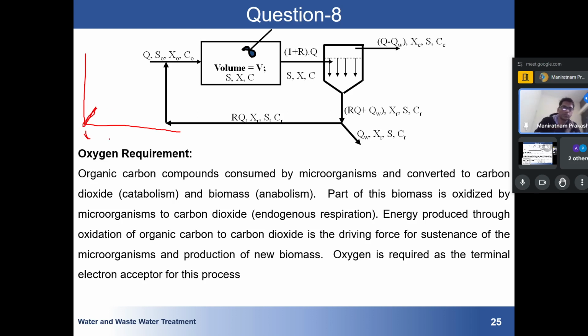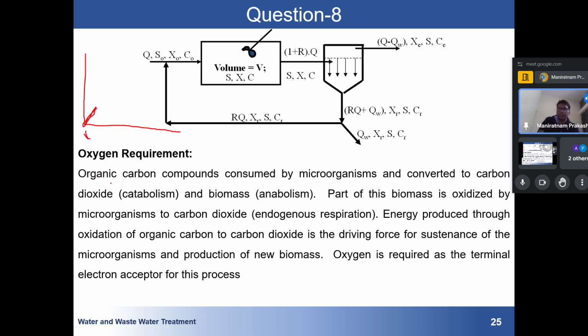Its population will grow with time. For growing, it needs food, and this food will give some kind of energy to the microorganism, and that energy will be used to survive and to reproduce.